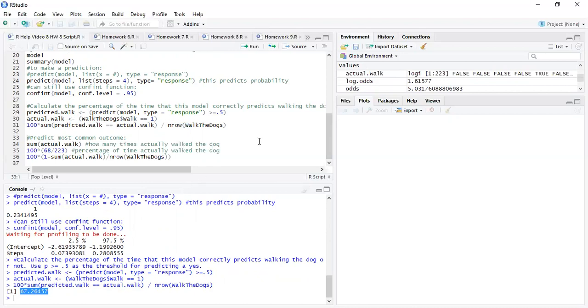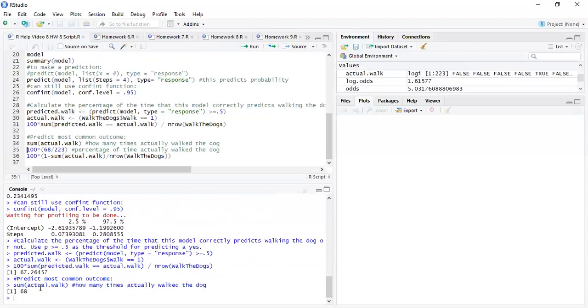Now, something important to remember is our model isn't as valuable if simply predicting the most common outcome predicts the same amount or more correctly as our model. So in this instance, we can run some actual walk, which again is the times the dog was walked.